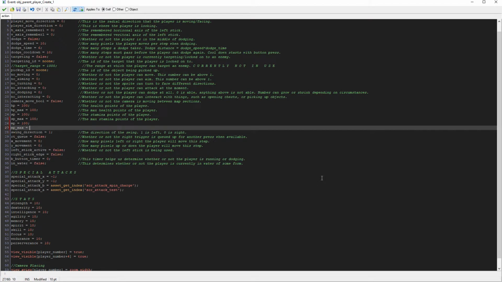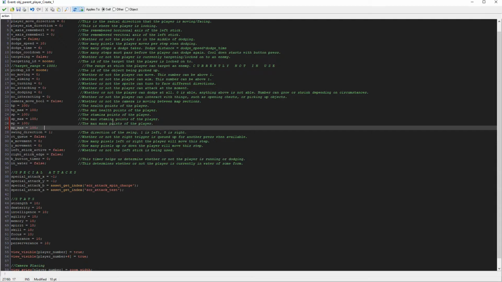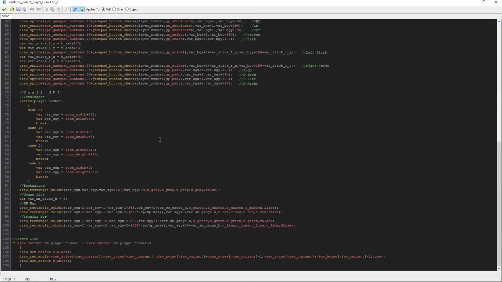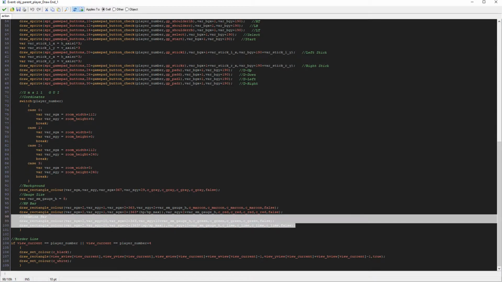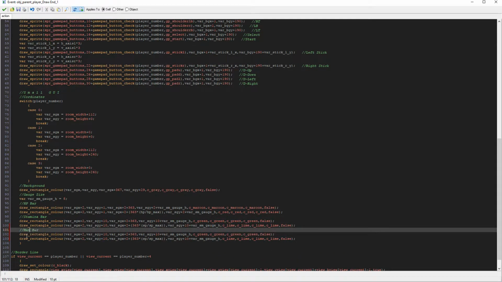MP max. The max mana points of the player. Okay, there we go. Mana.